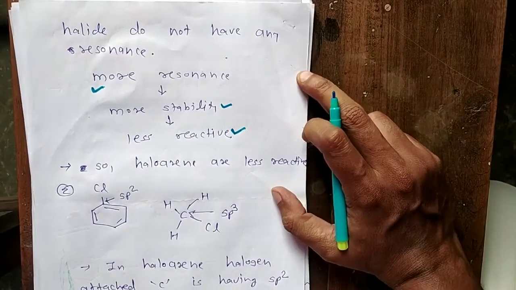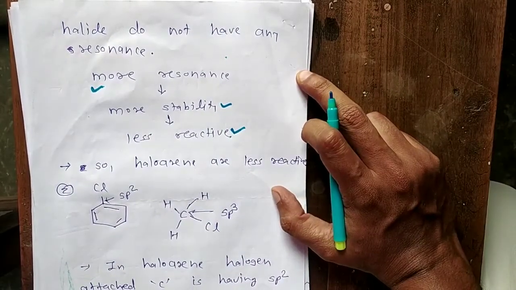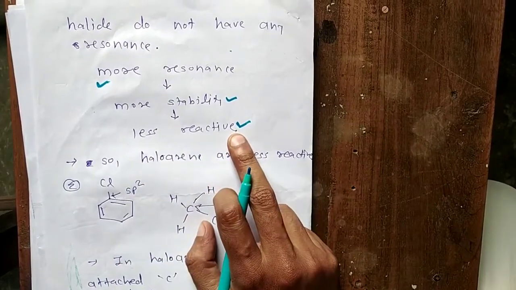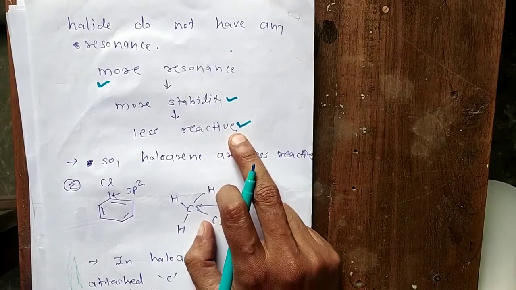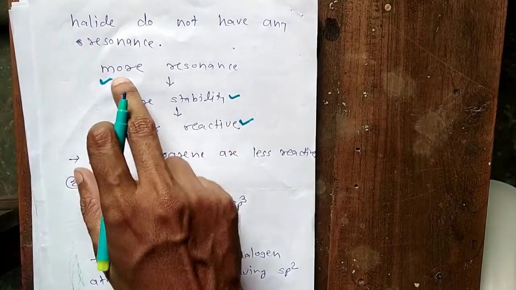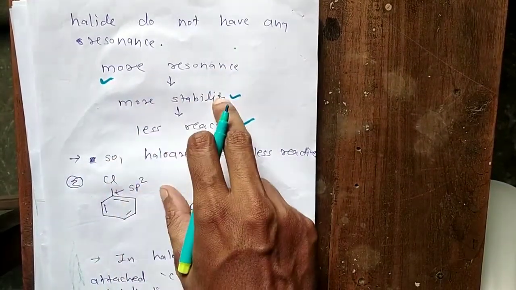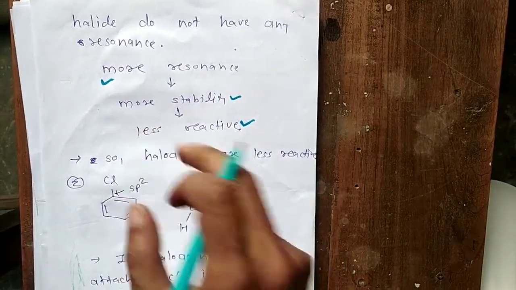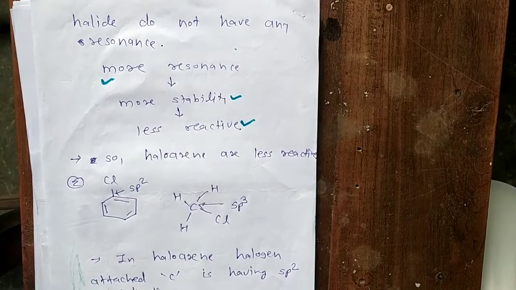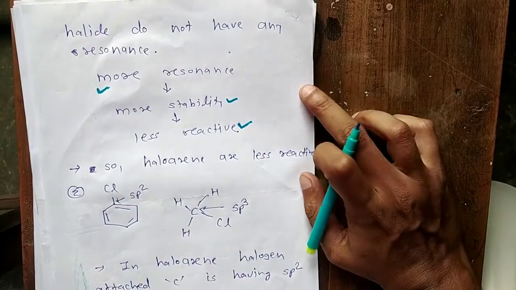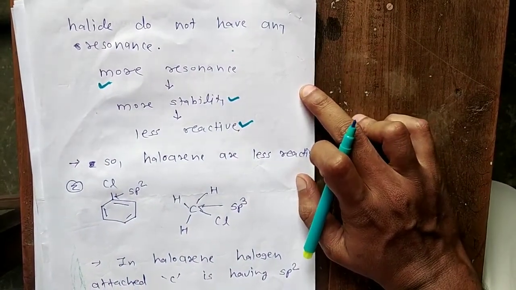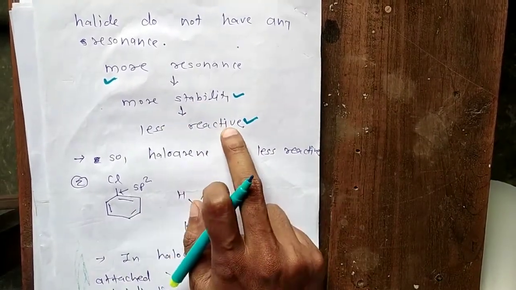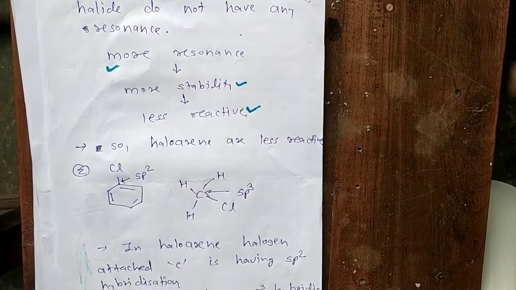Here we are getting 5 resonance structures in haloarenes, so they are more stable and less reactive compared to alkyl halide. That is our first reason.